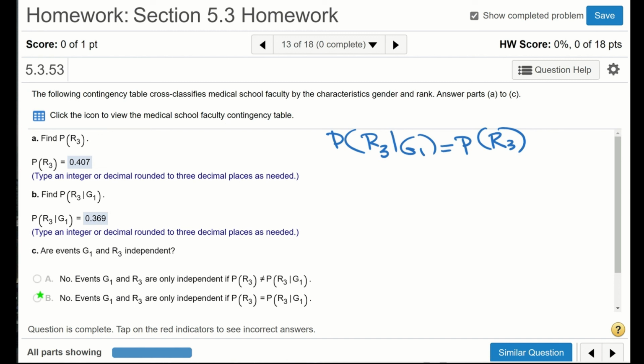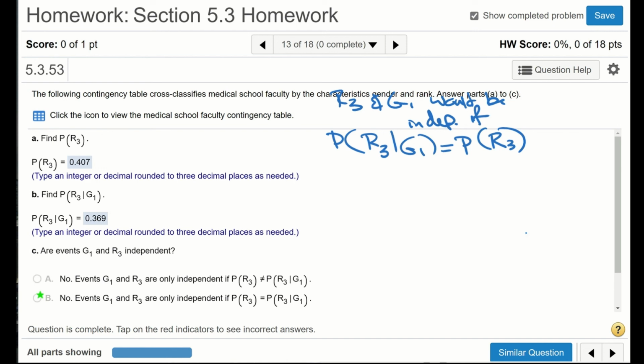If you rewind back to where we discussed independent events, you'll see that this fits right in with that. Because when the probability of one event given another event is equal to the probability of the first event, that means this event had no effect on it, right? So remember, here what we're saying is R3 and G1 would be independent if this were true.